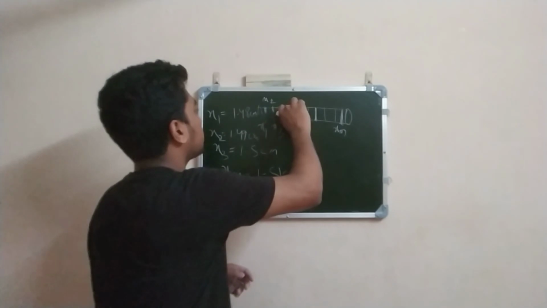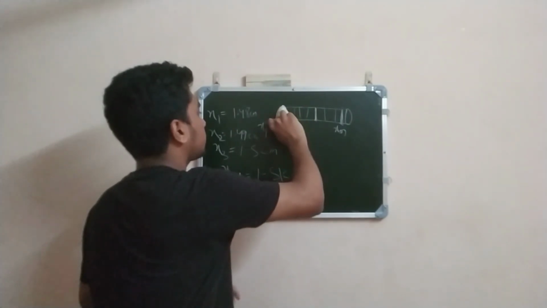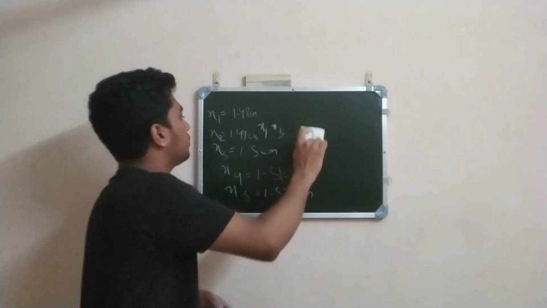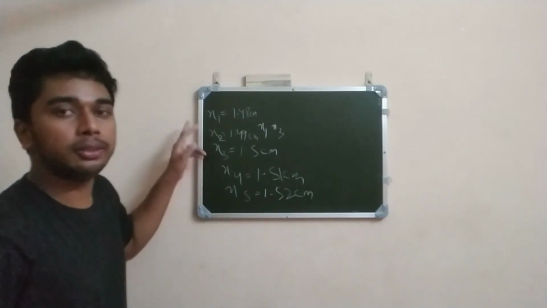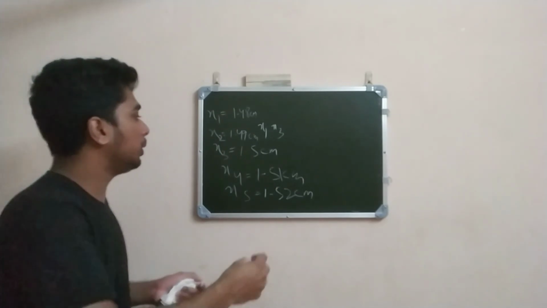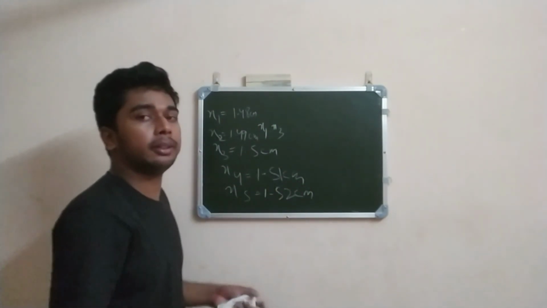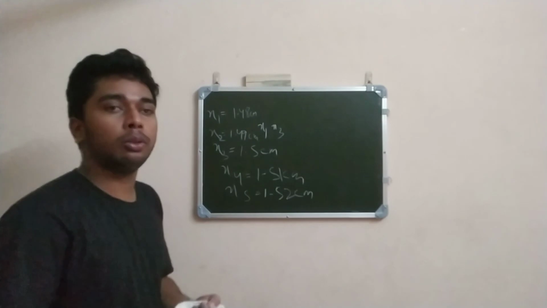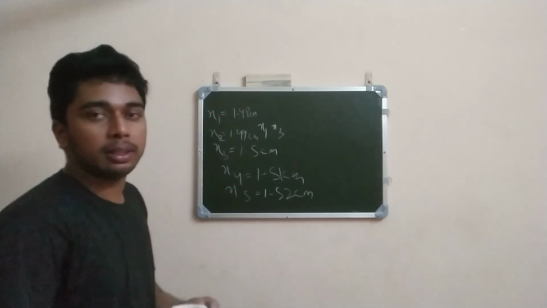So out of these five data points, which data point is correct? You cannot take one arbitrary data point, because you have to include all the data in your calculation.